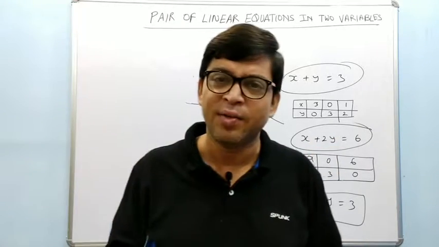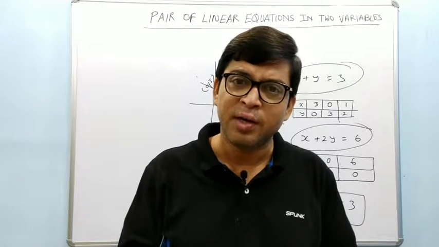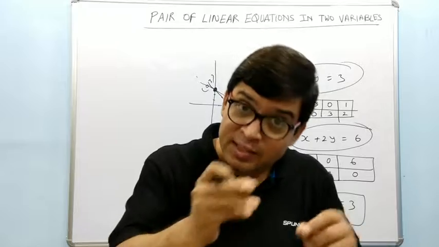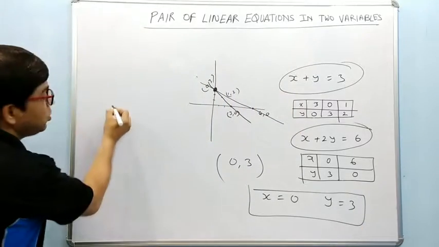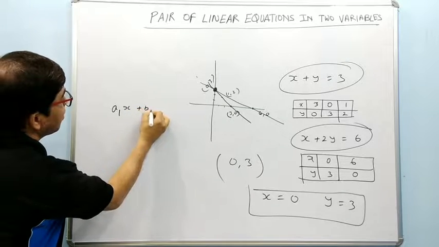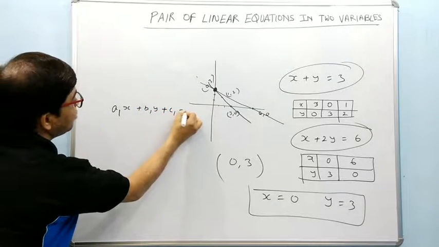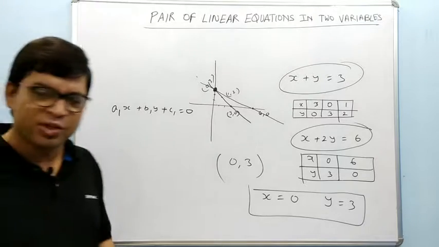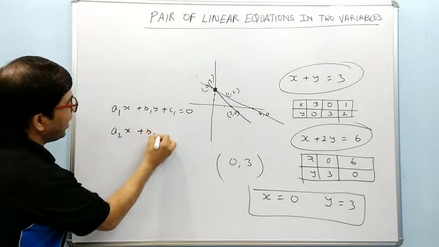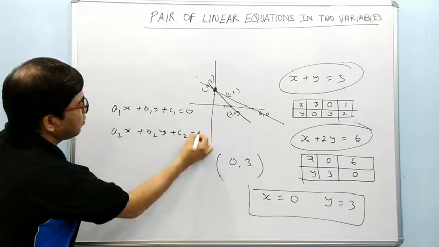Now we will see whether the solution of given equations exists or not, and how many solutions exist. Just see how. If two straight lines are taken in this fashion, a1x plus b1y plus c1 equal to 0, or you can just write equal to c1, and another line a2x plus b2y plus c2 is equal to 0.